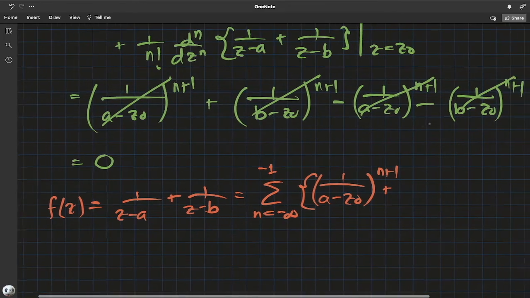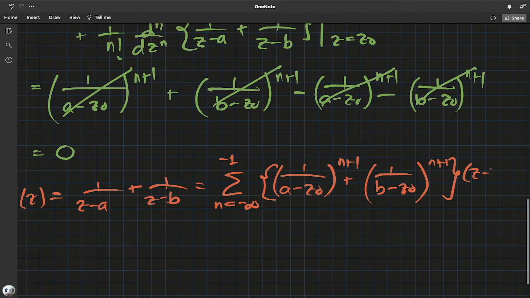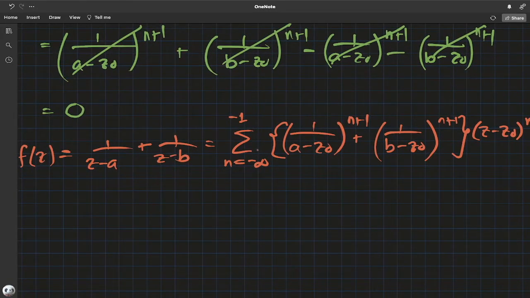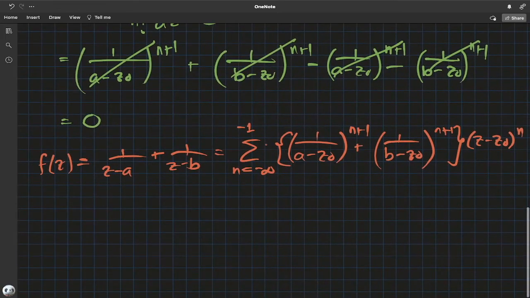We just have negative terms, no positive terms. And then of course the z minus z naught to the nth power. This is the expansion. In this case it is a pure negative power expansion, quite contrary to case 1, but that's how this thing works.